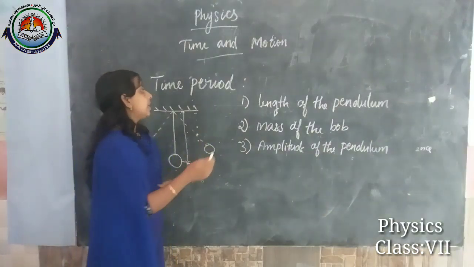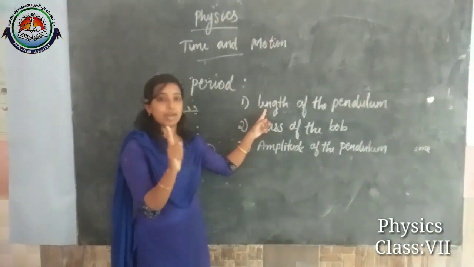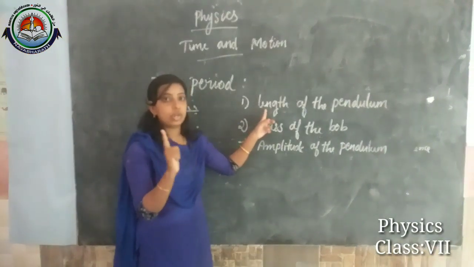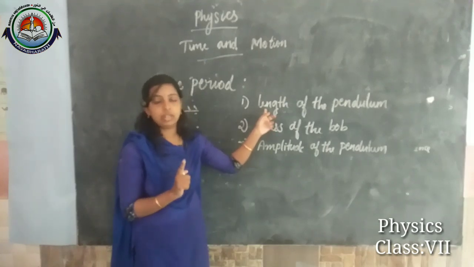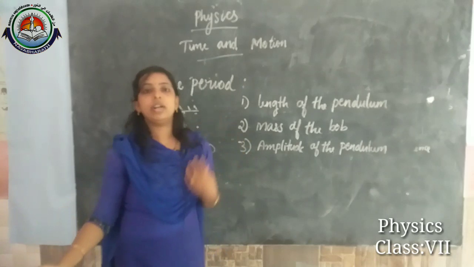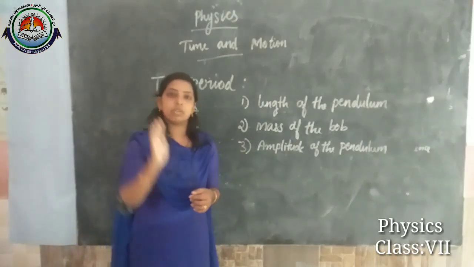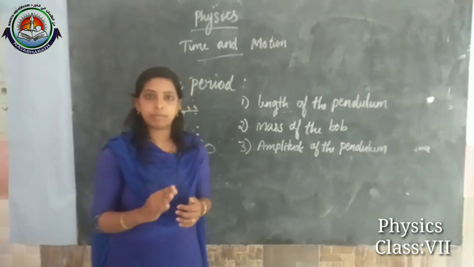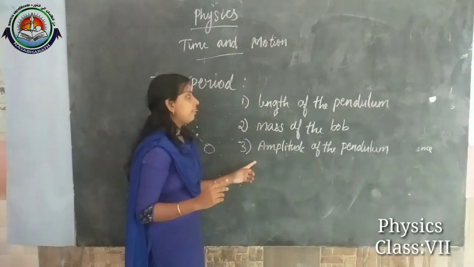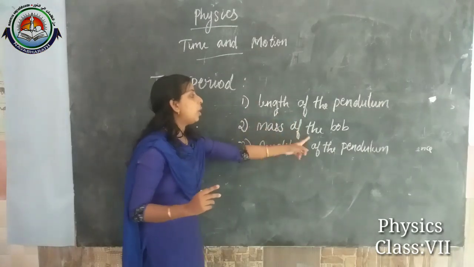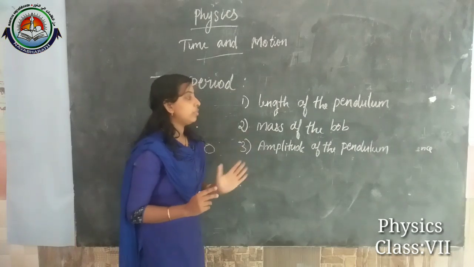Okay, so we can say that out of these three cases, remember one more thing: gravity also affects the time period of a simple pendulum. According to your syllabus it is not given, but just remember gravity is also one of the affecting factors of time period. But in our case, according to our syllabus, we have these three factors: length of the pendulum, mass of the bob, and amplitude of the pendulum.